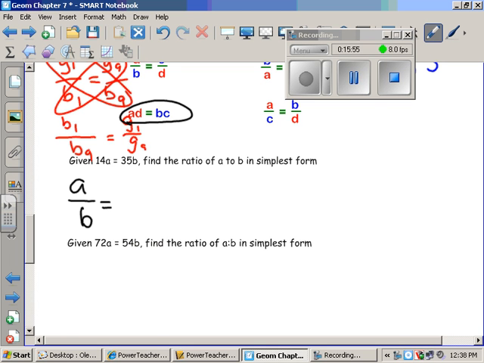So where's it going to go? Yeah, down on the lower right, right? Because 14A is going to be the product on the left. And then B times 35. So my ratio of A to B is 35 to 14, or in reduced form would be 5 to 2.